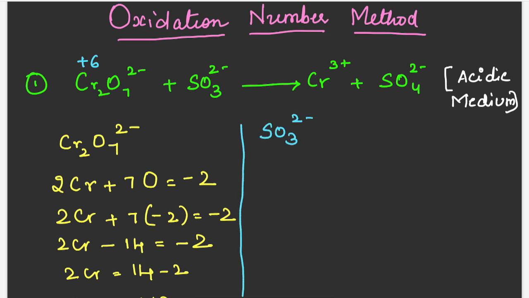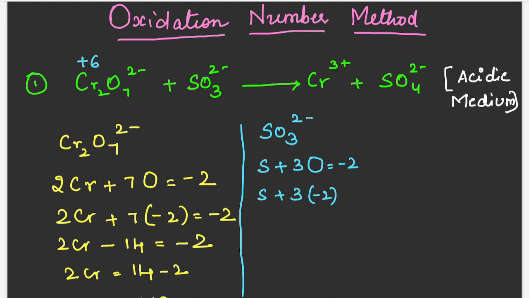SO3 2 minus. So sulfur plus 3 times oxygen is equal to minus 2. For oxygen the oxidation state is minus 2. Students, oxygen has 5 oxidation states, that is minus half, minus 1, minus 2, plus 1, plus 2. Where to use which oxidation state, I have already made a video on this. I have taught you how to find it.